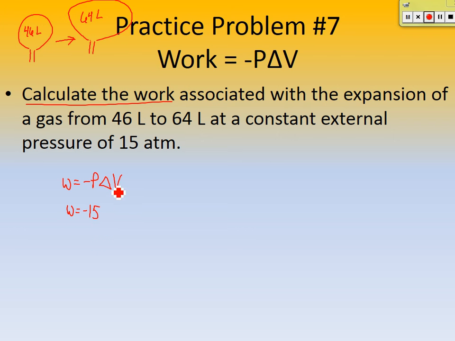Now, delta V, how do we calculate delta V? Final minus initial. So let's times the, what's final? 64. Final was 64, so we're going to put 64 right here, minus the initial of 46. Okay, that's it. So let's throw that into the calculator.